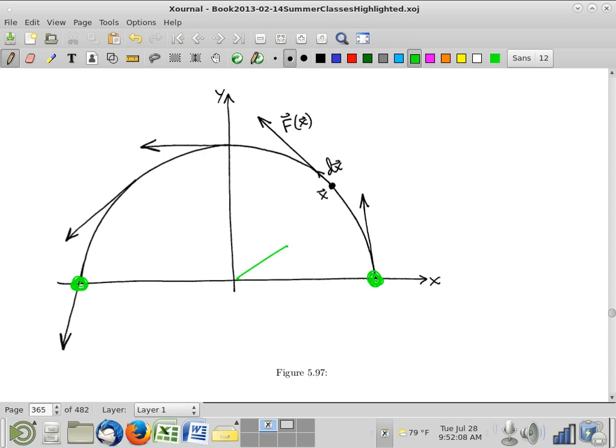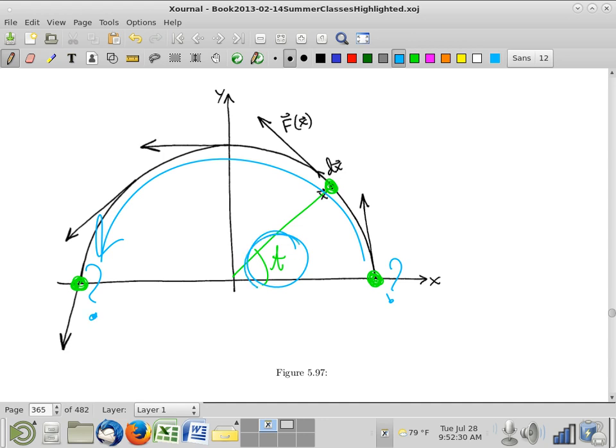We parameterized by using that angle as t. So if you think about what the value of this angle is at our starting point, that's t equals 0. And I go along, and at my ending point, the value of that angle is pi. Does that make sense?